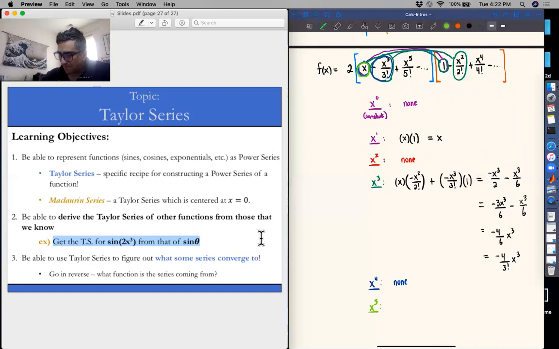All right, how can we get x to the 5th? Well, I can take that first x and multiply it by positive x to the 4th over 4 factorial. What else can I do? Well, I can take this minus x cubed over 3 factorial, and multiply it by minus x squared over 2 factorial.